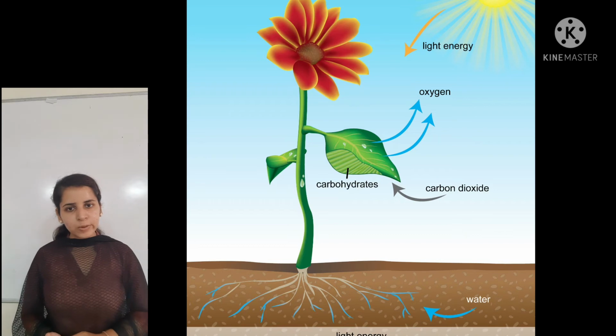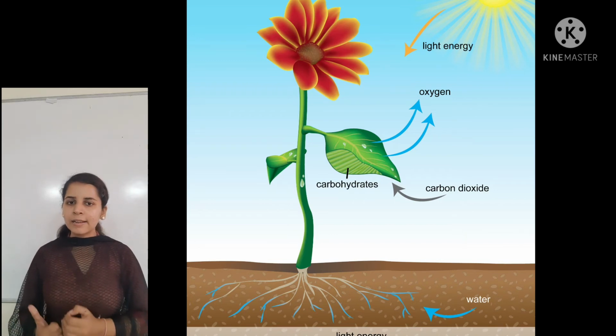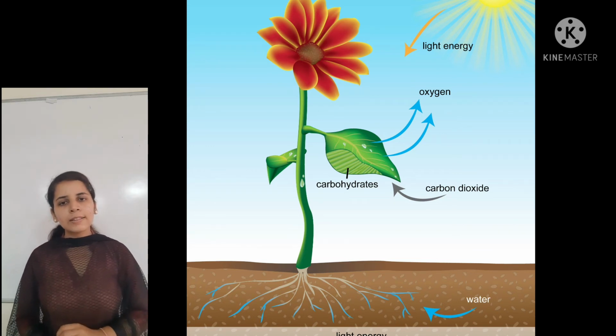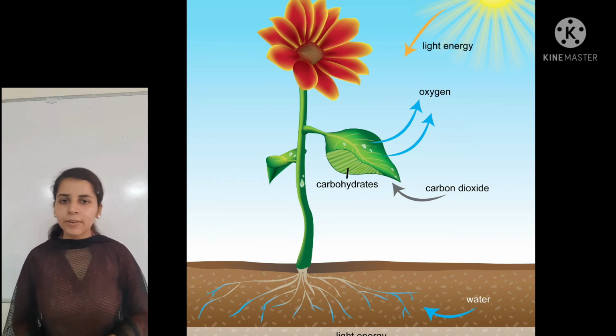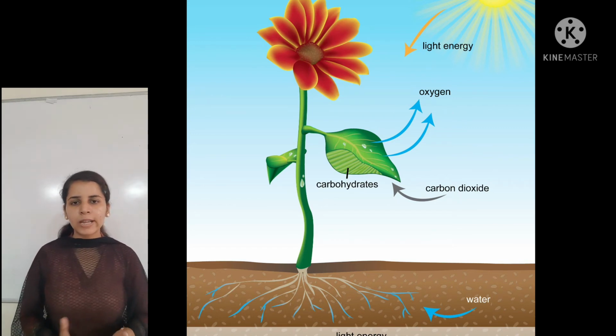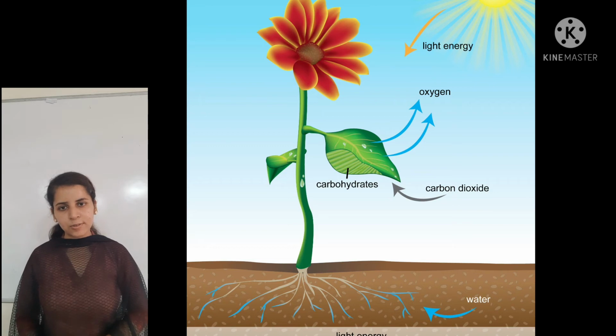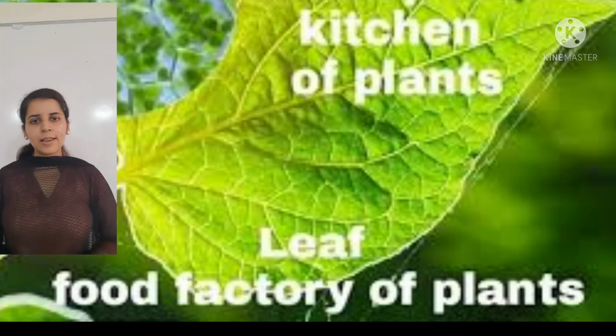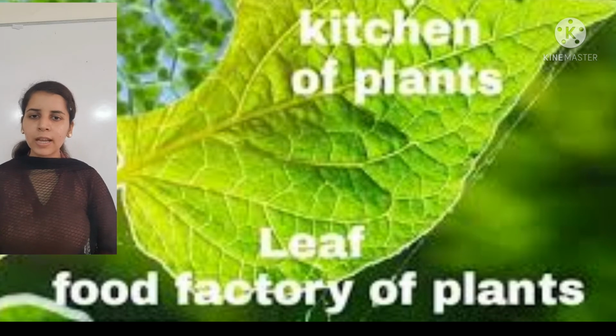In this process, green leaves make the food for the plants with the help of carbon dioxide and water in the presence of sunlight and chlorophyll, and they form simple sugar which is food for the plant, and this process is called photosynthesis.